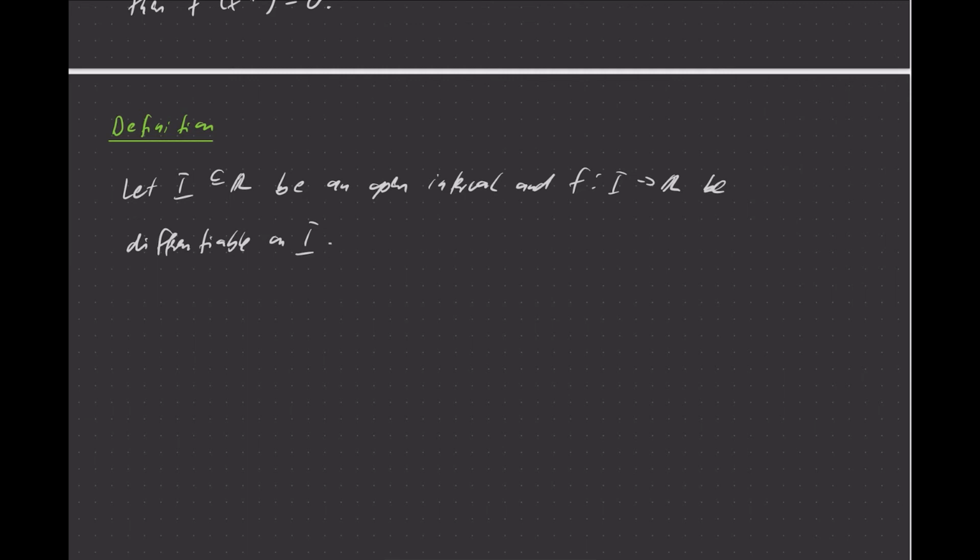And then we call a point x star in I with f prime of x star equals 0 a stationary point of f.